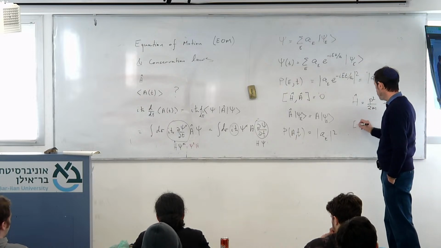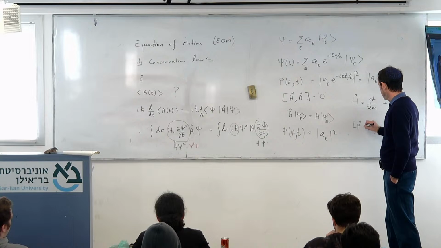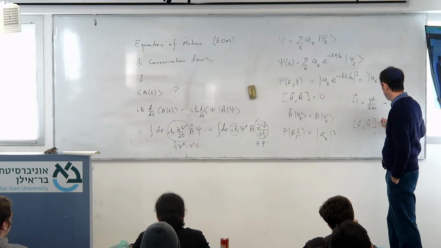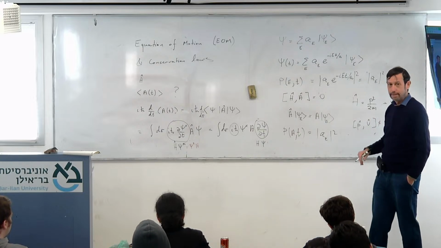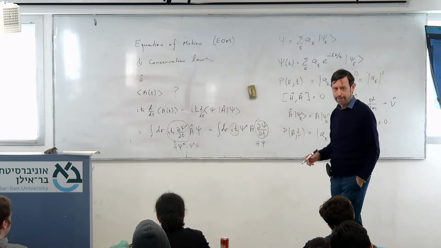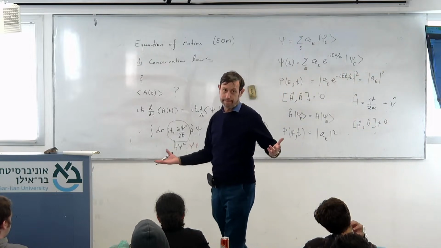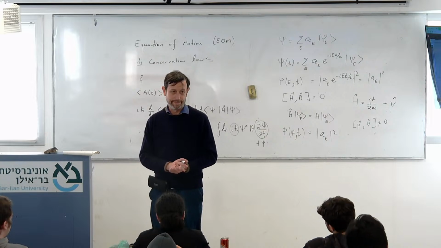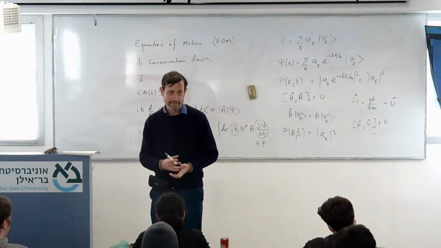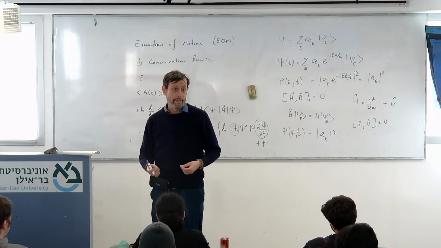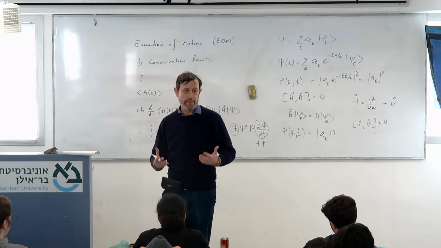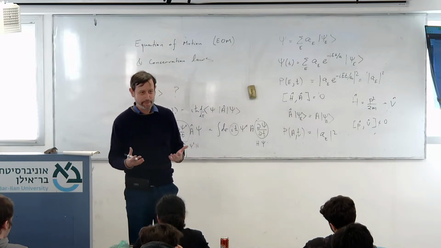Because there's no reason that P and V will commute. Generally, they don't commute, especially since V is a function of X. So in 20 seconds, I've proven that free particles conserve momentum.